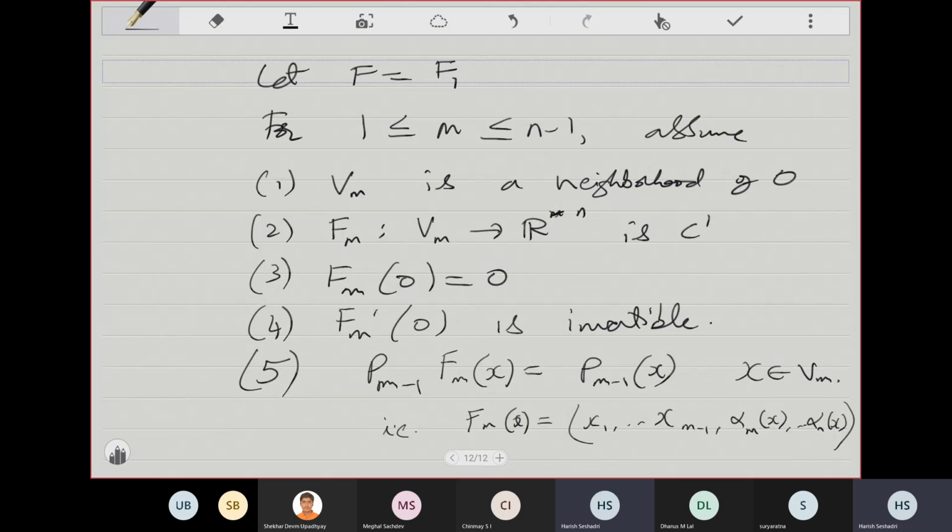So we start with F1. By the time we come to F2, F2 will be of this form. But actually, let me just check one thing: Fm, how does it relate to the original function?